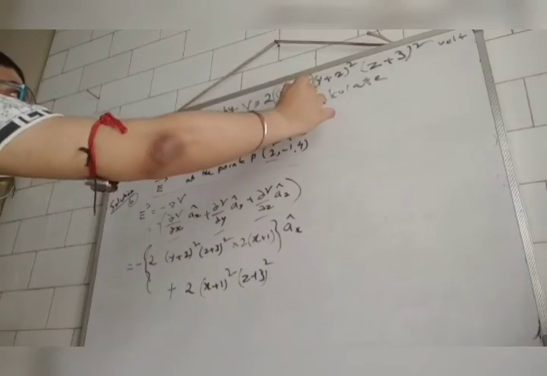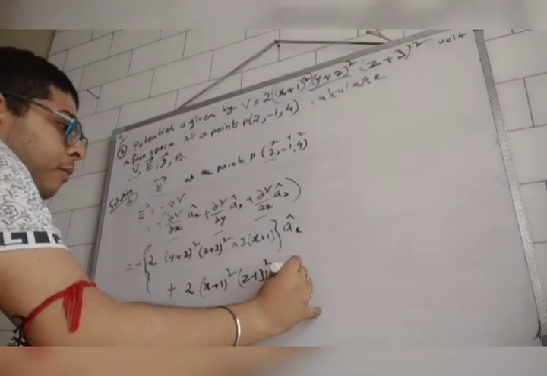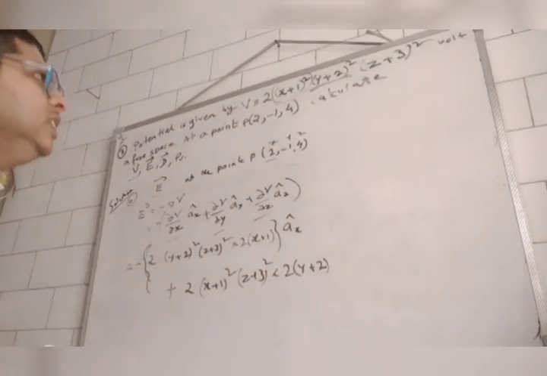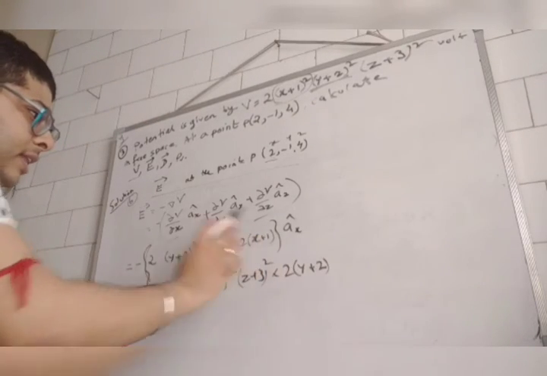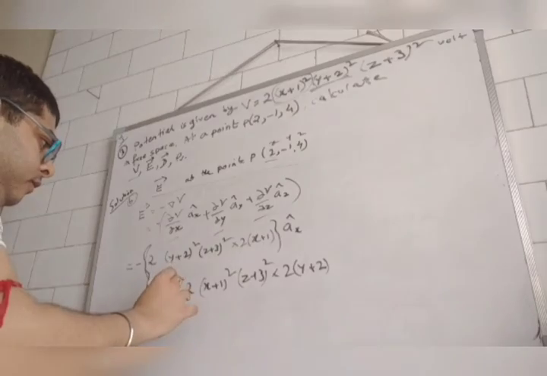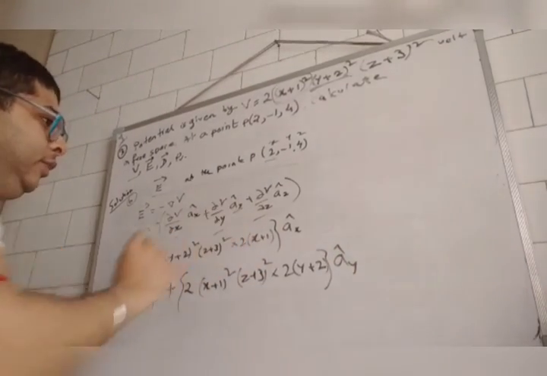And if you differentiate this, we will be having 2y plus 2. This much will be having. Similarly, exactly like this. So this will be, and of course the unit vector.